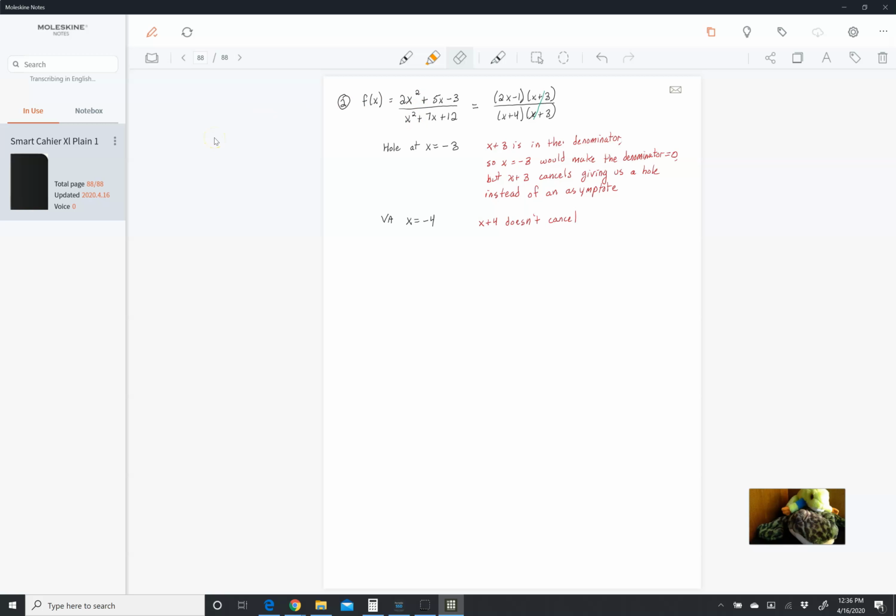The leading coefficient of the numerator is 2. The leading coefficient of the denominator is 1. So our horizontal asymptote is at y equals 2.